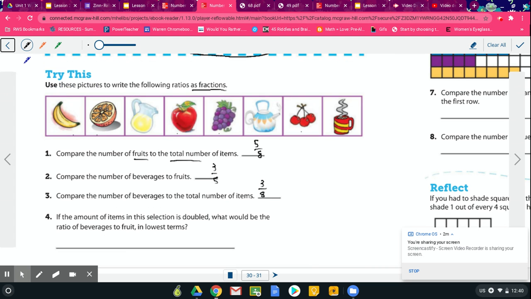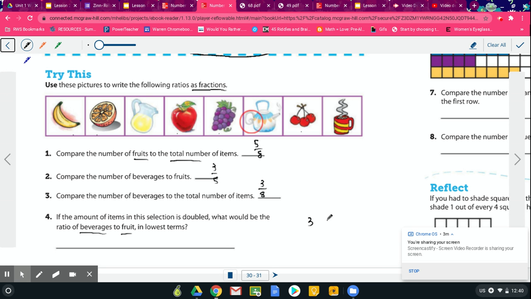If the amount of items in this selection is doubled, what would be the ratio of beverages to fruit in lowest terms? Okay, so first, pretend like there's a duplicate of this. There's 2 of everything. It's doubled. Now we need to compare the beverages to fruit. So there are 1, 2, 3 beverages.